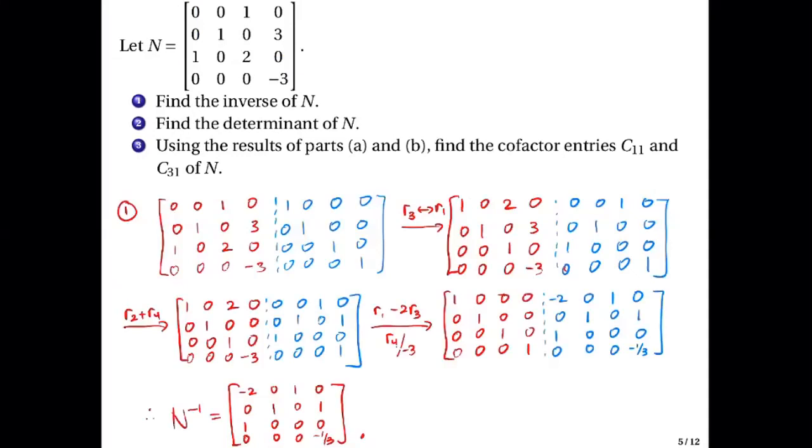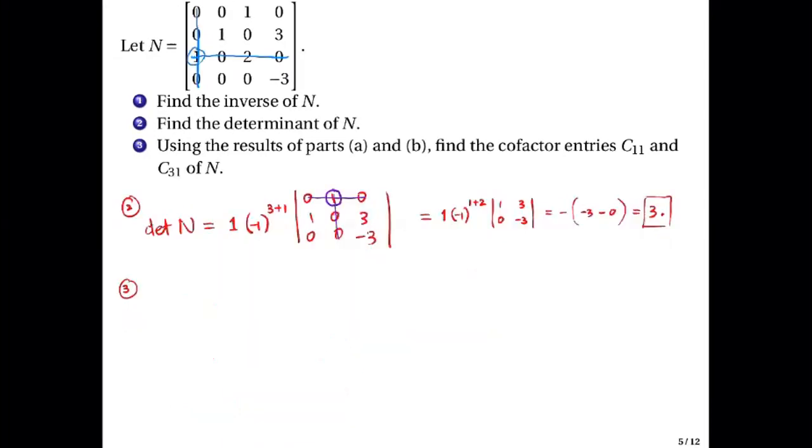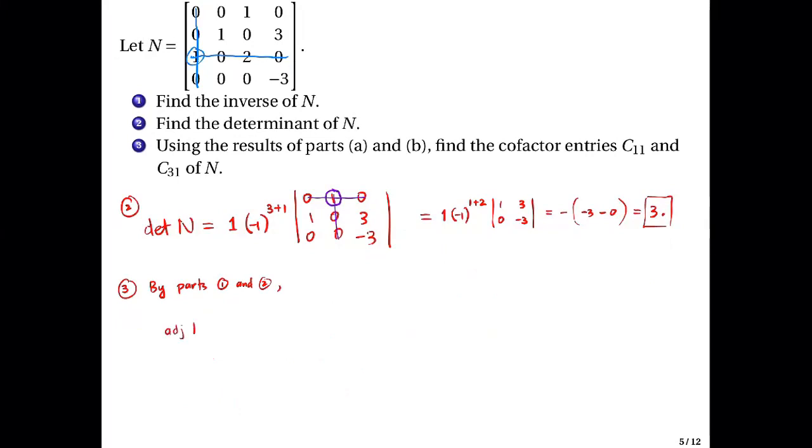Which means we can get the adjoint of N. So by parts 1 and 2, adjoint of N is equal to the determinant of N times N inverse.